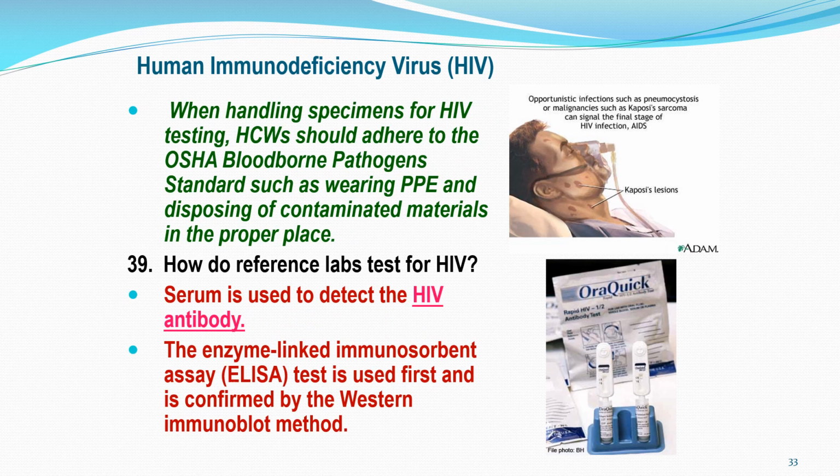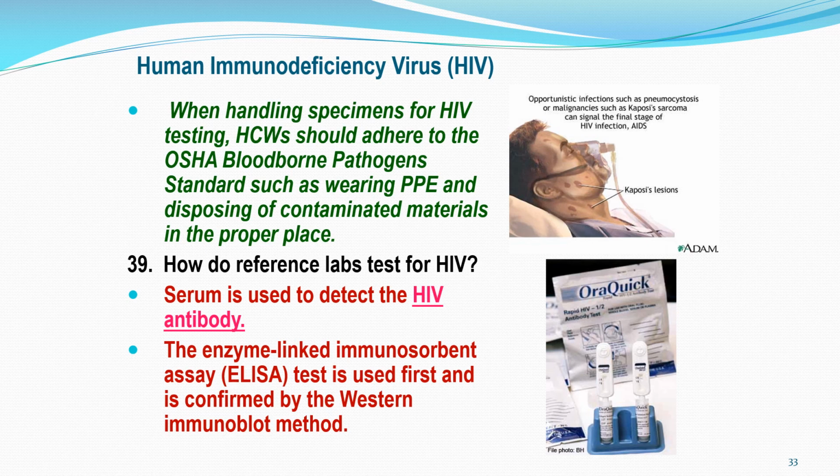Okay, when handling specimens for HIV testing, healthcare workers should adhere to OSHA's bloodborne pathogen standards, such as wearing PPE and disposing of contaminated materials in the proper place. As I always say in lab, think before you toss. But what I also say in lab is we treat all patients, whether they're newborn infants or 102-year-old sweet little older ladies, as if anyone could have an infectious disease.